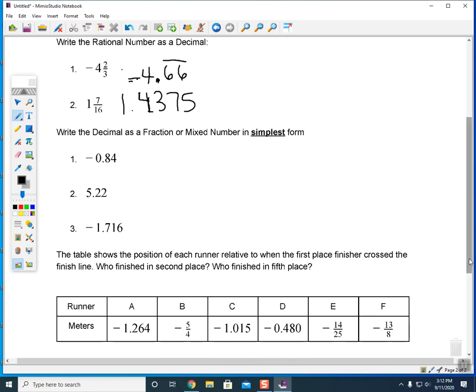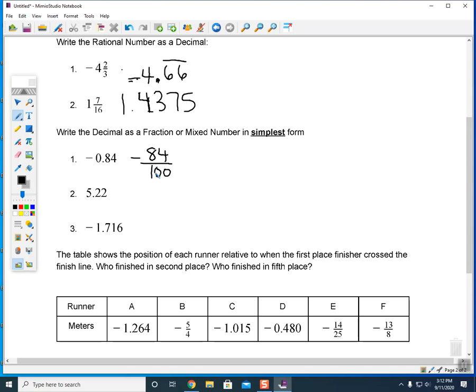Now we're going to move on to making a decimal a fraction, which is a little trickier, but we can do it. So my first one, the way that I read this is not negative 0.84, right? The way I read this is negative 84 hundredths. So the way that I'm going to write that as a fraction is negative 84 over 100.